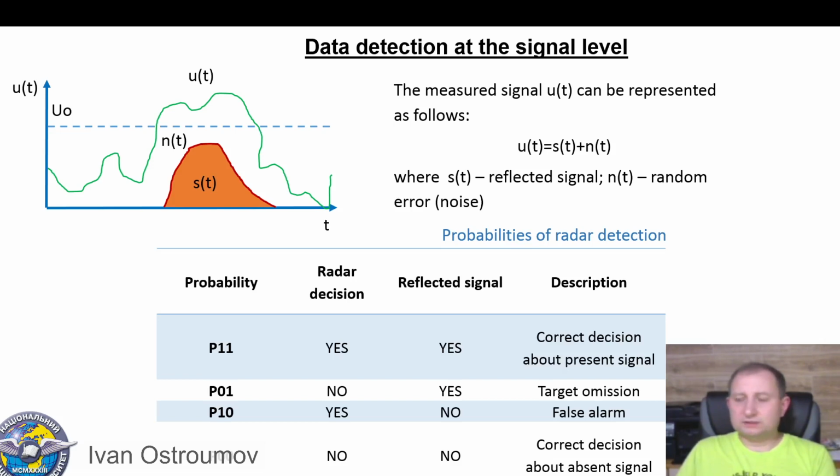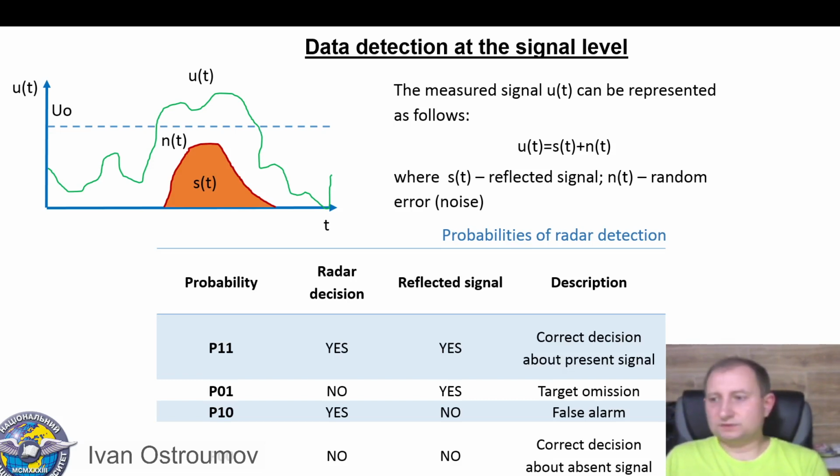In this case, we can consider four different probabilities, and we will discuss mostly this task at probability level, because usually we would like to minimize errors of our detector. Probability is a good indicator for correctness of our system operation.